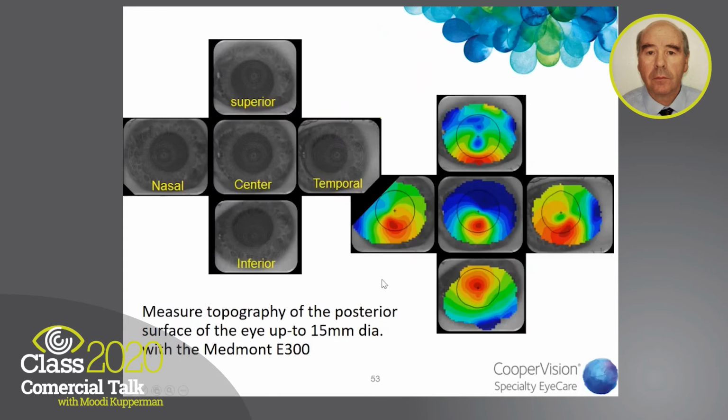The Medmont topographer, for those familiar with this topographer, allows us with the composite system to evaluate the shape of the cornea up to 15 millimeter. So it is a very helpful instrument to get a full cornea picture and elevation.